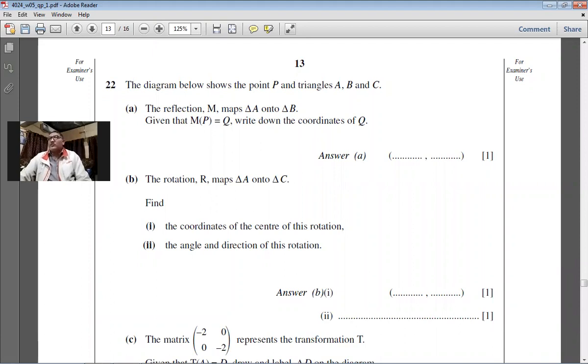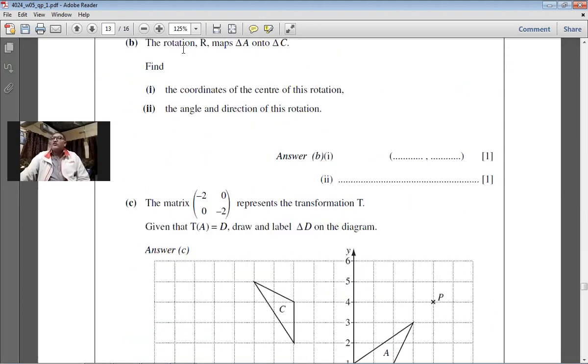Okay, so question number 22. The diagram below shows the point P and the triangles A, B, and C. The reflection M maps triangle A onto triangle B. Given that the image of P under M is Q, write down the coordinates of Q. So let me show you from here.